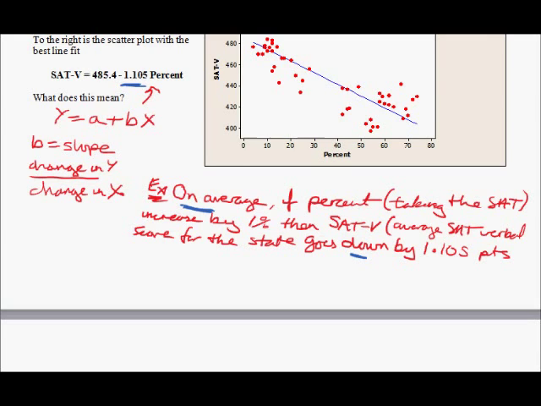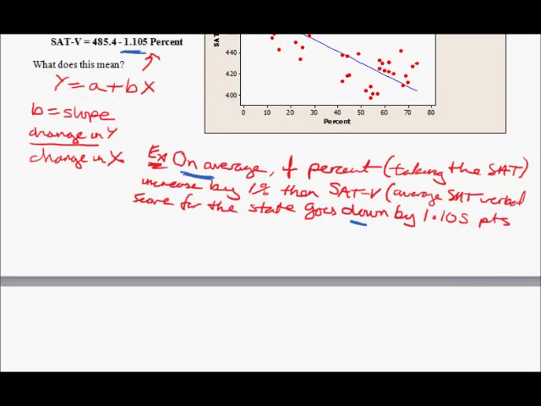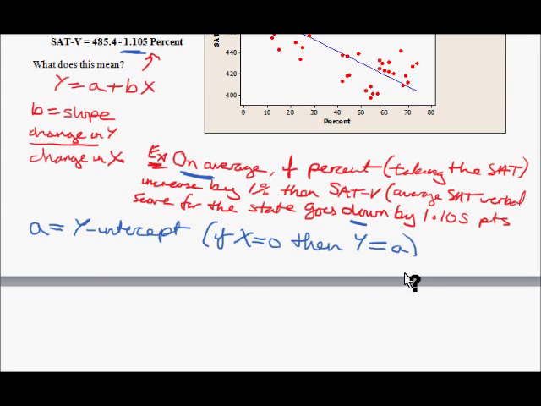The other part is the a value. We've got the a value. Well, what is a in general for our equation here? a is known as the y-intercept. It's what y equals if x is 0.